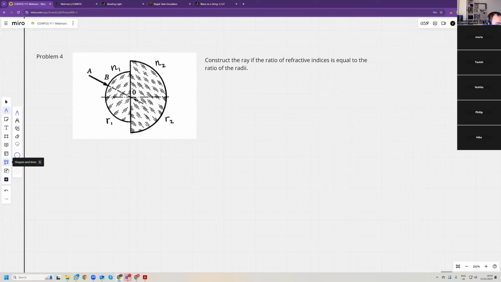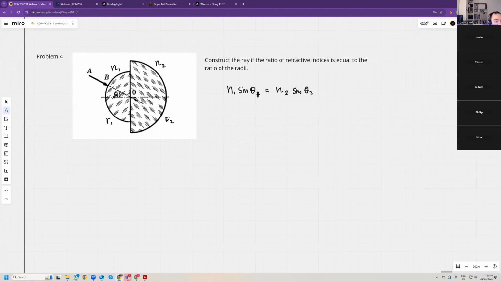First of all, I will write down Snell's law of refraction. I would label the angle of incidence θ1, and I would write that N1 sine θ1 must equal N2 sine θ2.